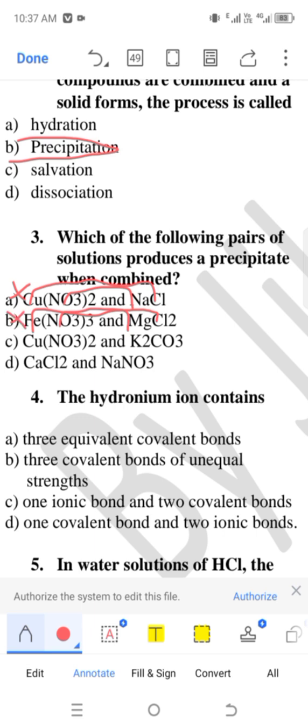So both salts are soluble. Copper carbonate is insoluble. Potassium nitrate is soluble. So C is the correct answer. Calcium nitrate is soluble. Sodium chloride is soluble. So the only one that forms a precipitate is C.